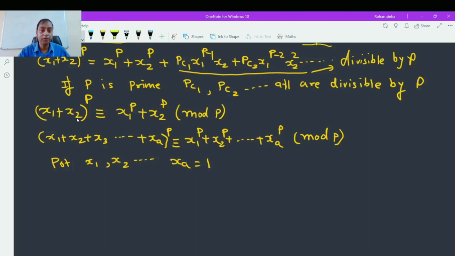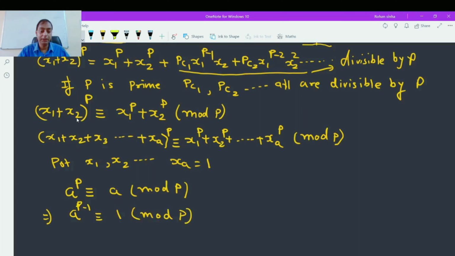This 1 plus 1 plus 1, how many times 1? A times 1. So A raised to P is congruent to A modulo P. And dividing by A, what we get? A raised to P minus 1 is congruent to 1 mod P. So this is the derivation of FLT.